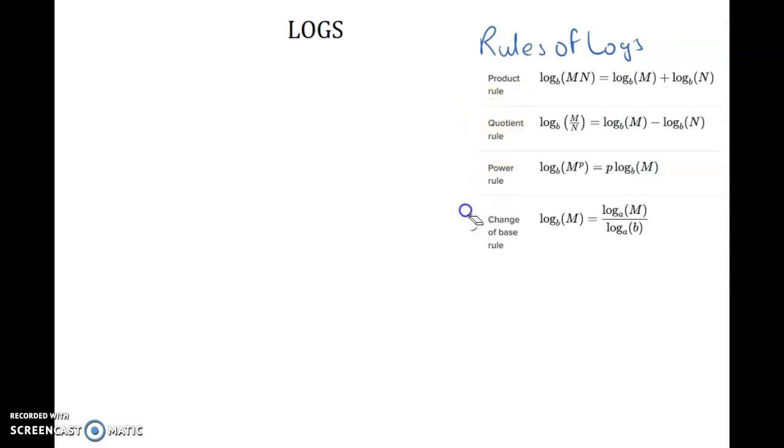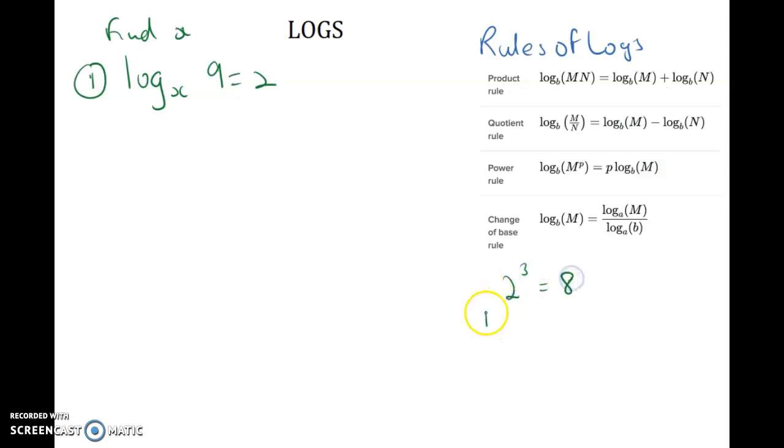Now, I want to do a couple of questions so that you all will understand how we use them. Say I was given log base x of 9 is equal to 2, and they said find x. I want to remind you of the rule that we went through before, where I took 2 to the power of 3 is 8, and I wrote log base 2 of 8 is 3. Now, I'll write it with letters. I'll say x to the p is equal to y.